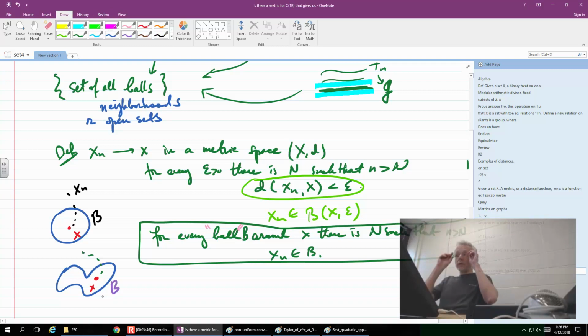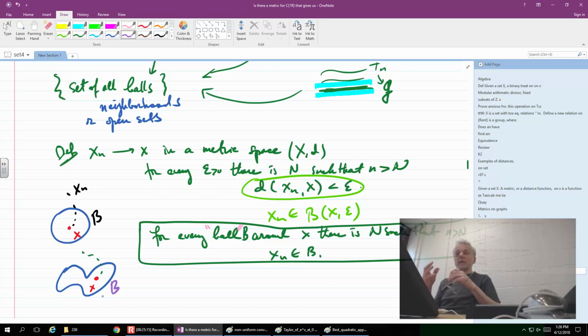Even with the taxicab metric, remember those, it's two-dimensional. They're supposed to be discs, but they look like squares, like this. So the shape of those balls is not only irrelevant; it is simply not even an issue to worry about, because there is no such thing as shape in topology.